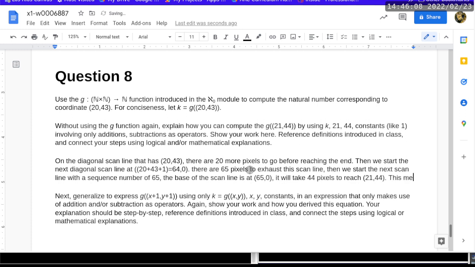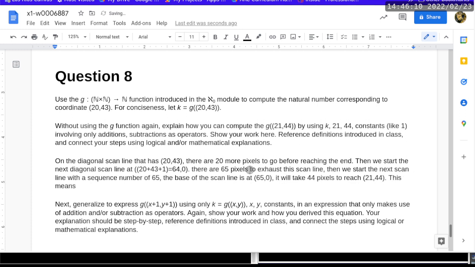So this means the G value of 2144, we have G of 2144 starting at the G of what is given to us, which is G of 20, 20 and 43.